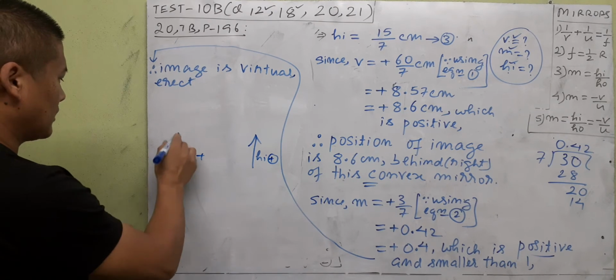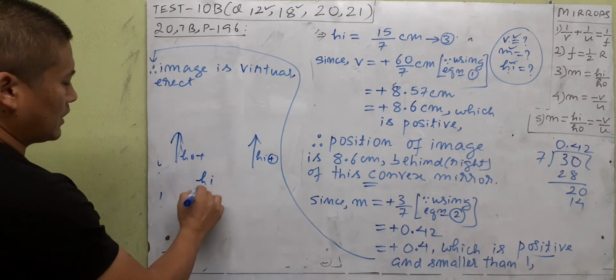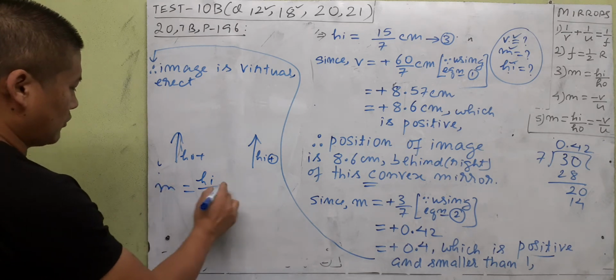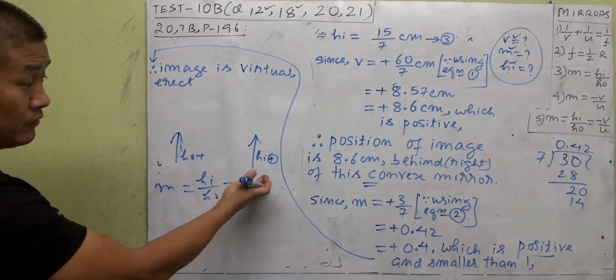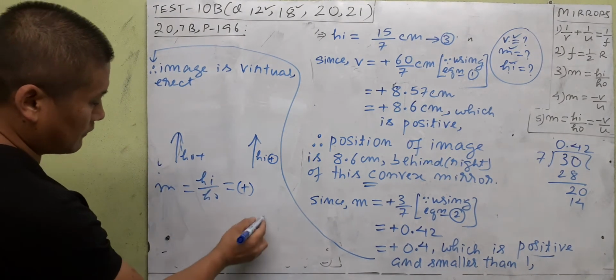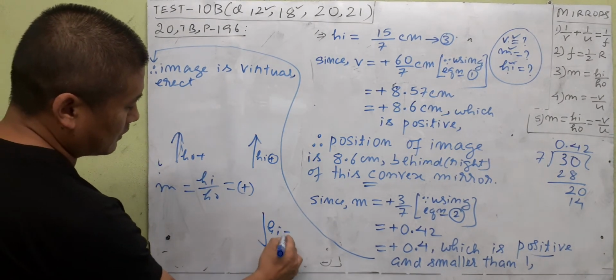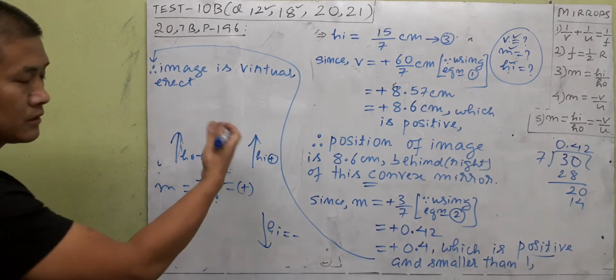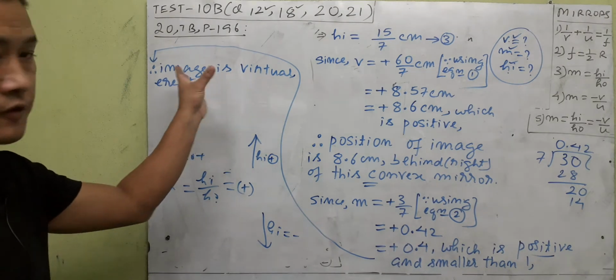Object height is always plus. So M equal to hi by ho will be plus when it is virtually erect. And if it is inverted, hi is minus, so minus here, see. So M is minus when it is really inverted, M is plus when it is virtually erect.